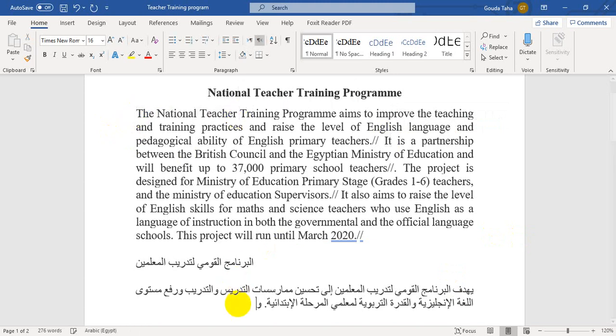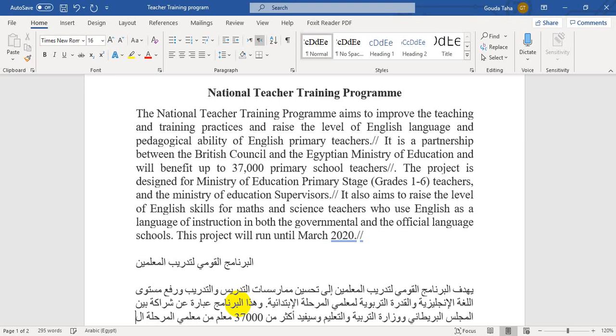So وهذا البرنامج عبارة عن شراكة بين المجلس البريطاني ووزارة التربية والتعليم، وسيفيد أكثر من 37,000 معلم من معلمي المرحلة الابتدائية.